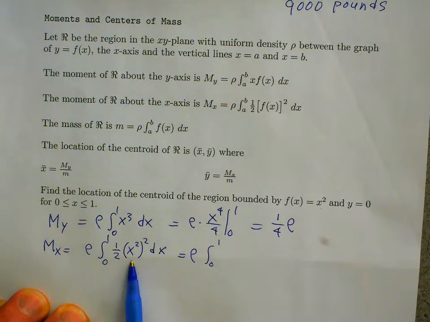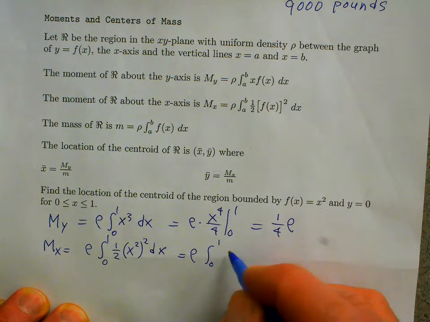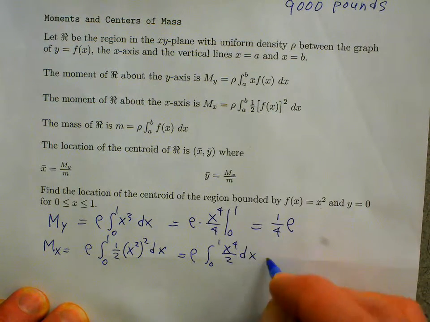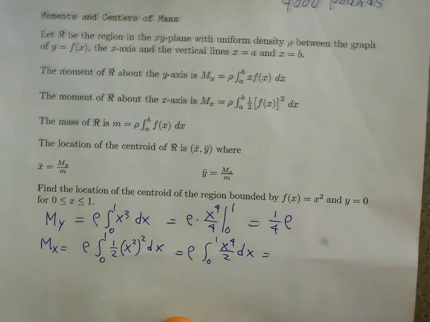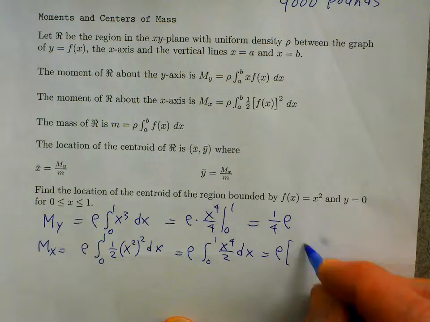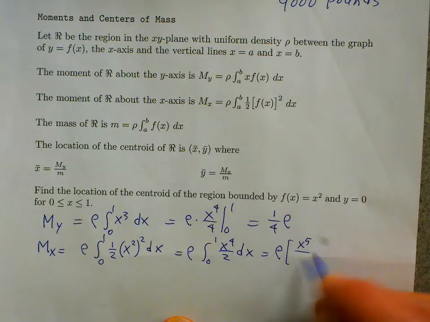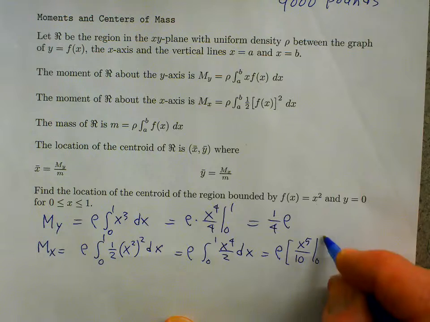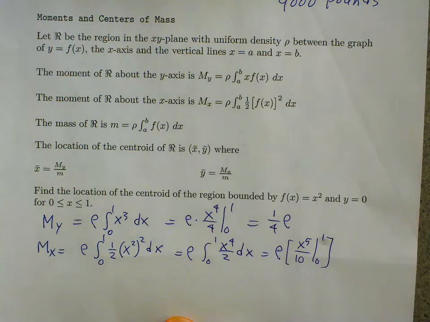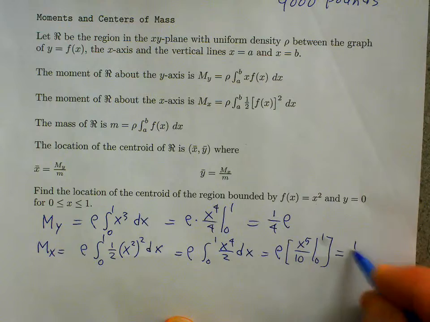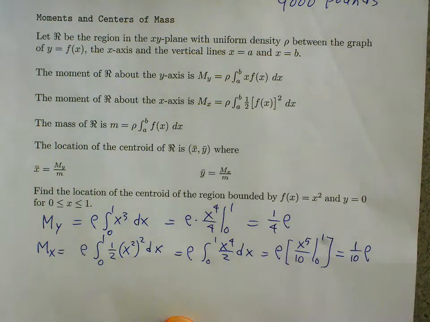And then x squared squared is x to the fourth times 1/2, so that's x to the fourth over 2 dx. And so we get rho times x to the fifth over 10, evaluated between 0 and 1. So this becomes 1/10 times rho.